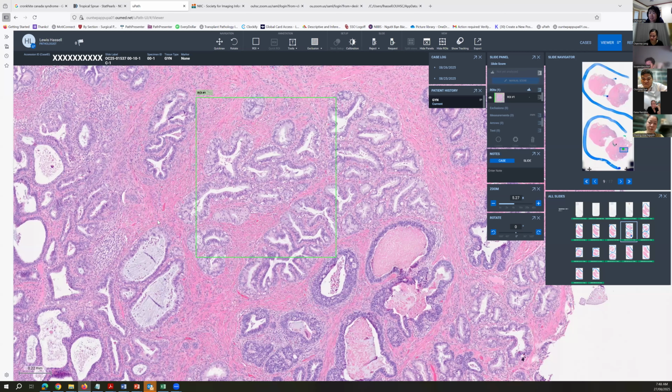Now, fortunately, distinguishing those four things is not going to significantly change the management of this patient. She has deep extension of her disease, and that's going to undoubtedly lead to a radical hysterectomy as her management. And hopefully, margins will be clear and no nodal disease will be present.